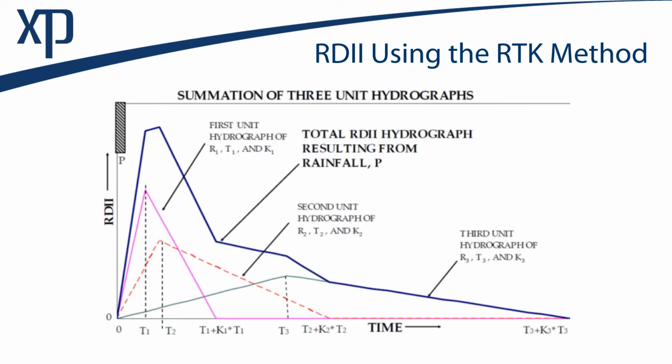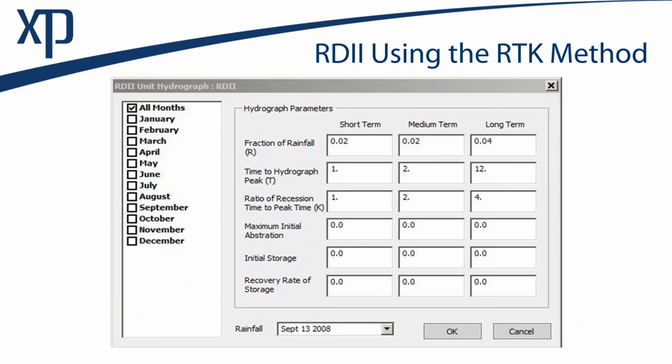In a sanitary sewer system, as the ground saturates and flow continues to infiltrate into the network, maybe long after the rainfall event has passed. In our software, this is just the data dialog for describing RDII using the RTK method.